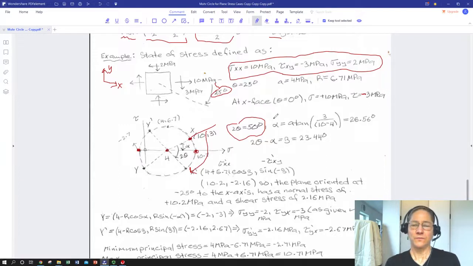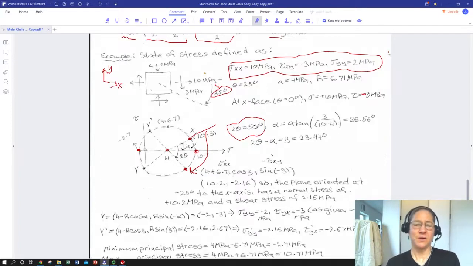So if we knew what alpha was, we would know what 2 theta was with reference to our sigma axis, and then we could solve for the coordinates of this point, which are the normal and shear stress on the plane of interest. Well, we can get alpha just by taking the inverse tangent of 10 and 3.